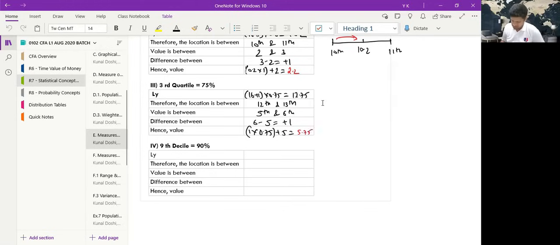Anything below or at 5.75. Yes. So all those who have scored 75% are below or at 5.75. Correct. So I can say all those in the bottom 75 percentile are all those who have scored 5.75 or less than that. Correct.